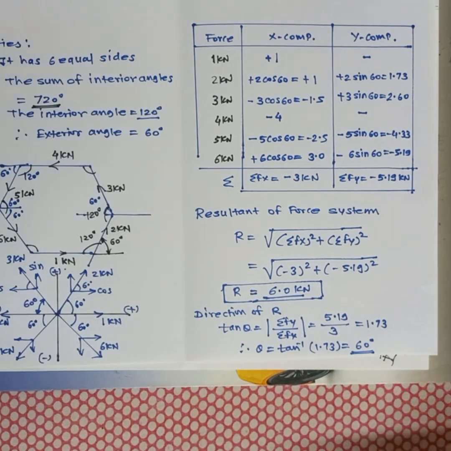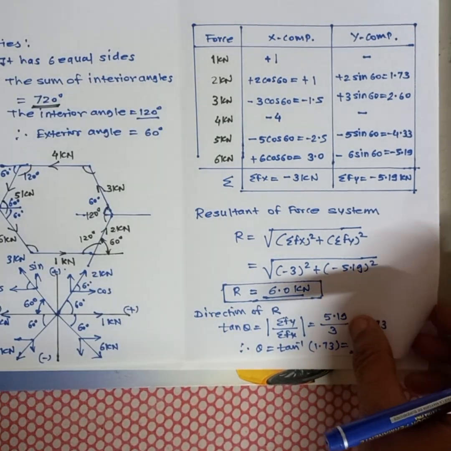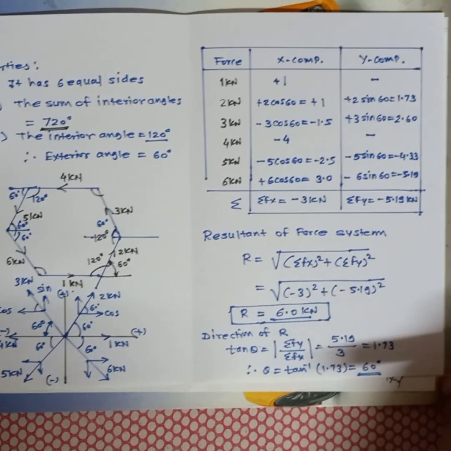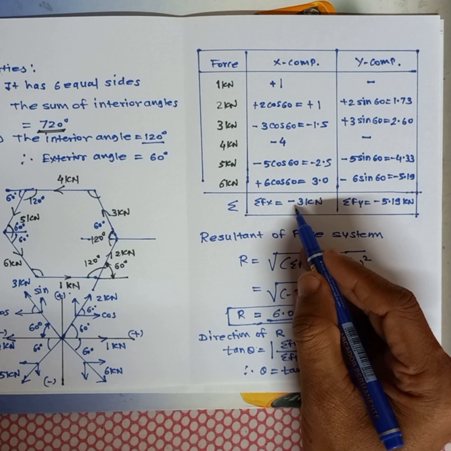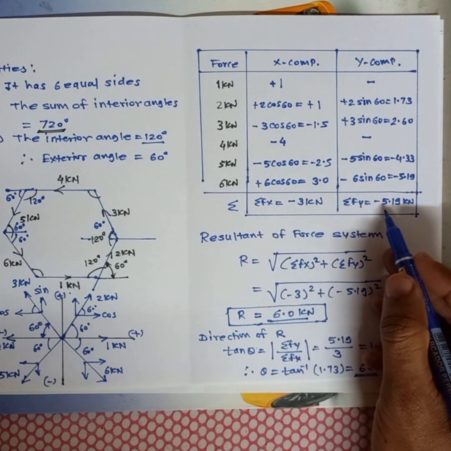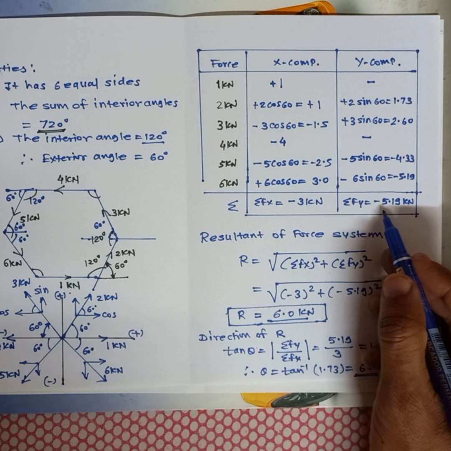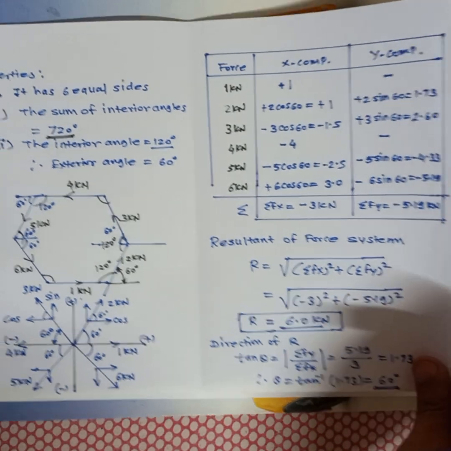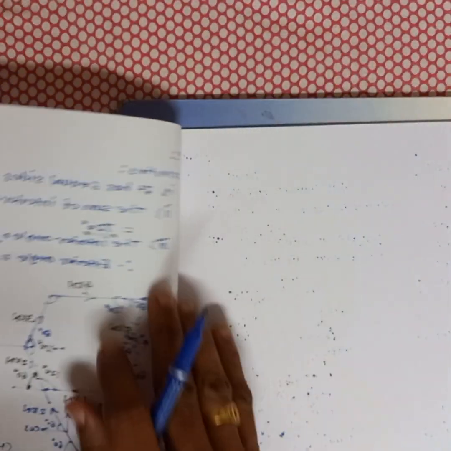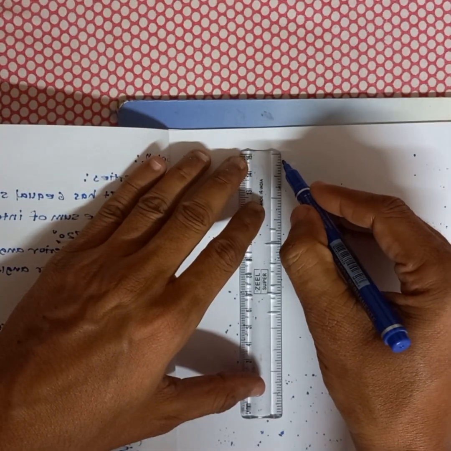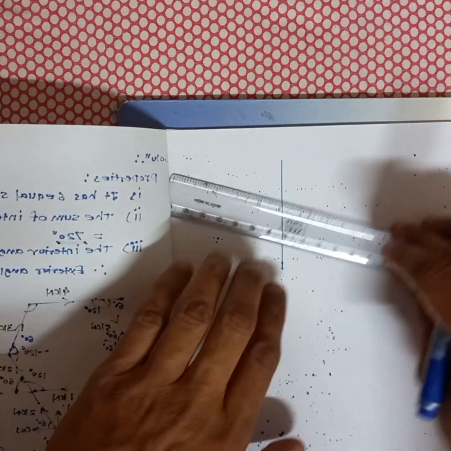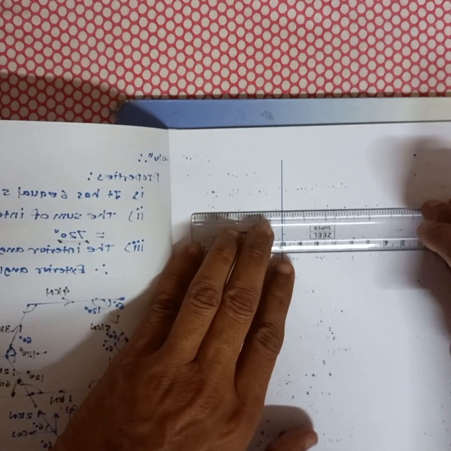Now the only task is to show the resultant force. You know the sign convention: summation of Fx is minus and summation of Fy is also minus. So the resultant force lies in quadrant number 3. So you can show here a quadrant system. This is the last step. Don't skip this.